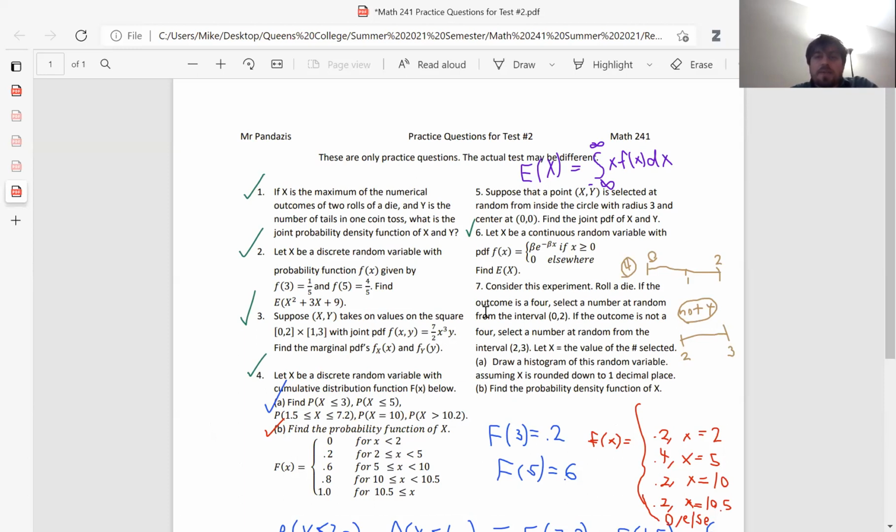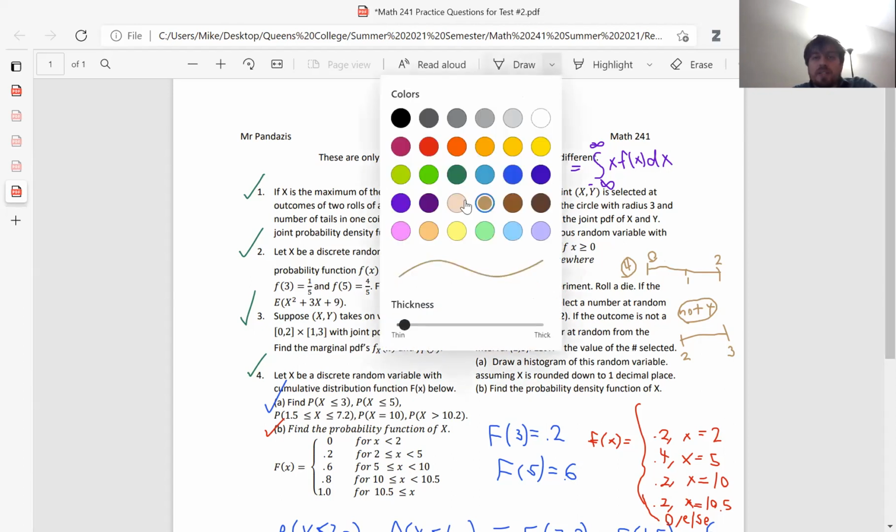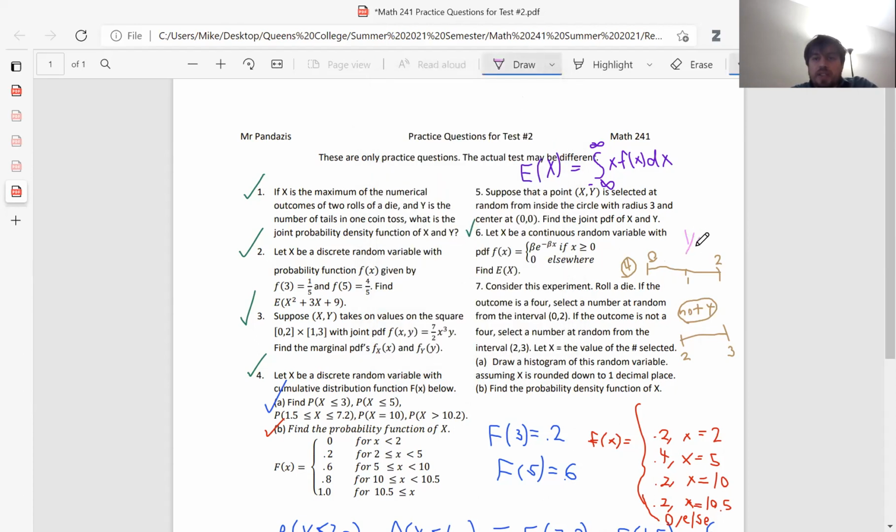Select the number at random from the interval 0, 2 if the outcome is a 4. So the outcome is a 4, right? We realize there's a 1/6 chance that you choose a number at random from the interval 0, 2.